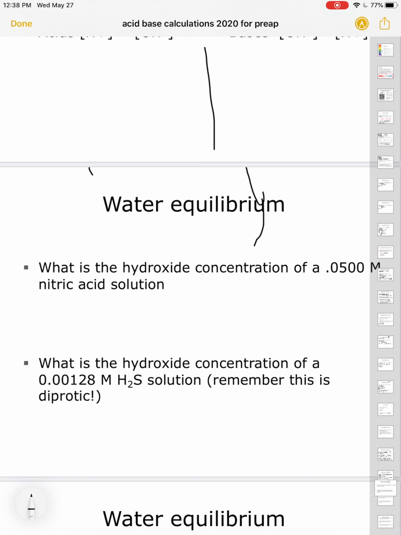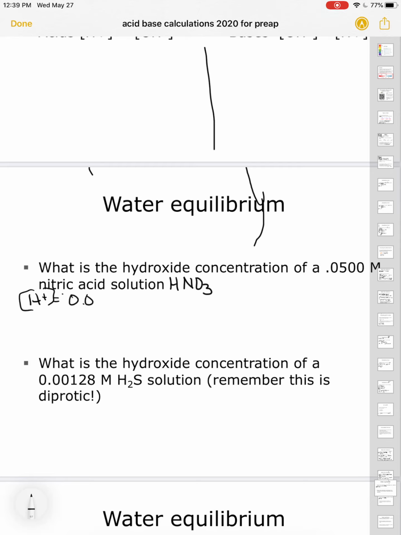Okay, so let's say we want to figure out the hydroxide concentration of a 0.05 molar nitric acid solution. Well, I know that my nitric acid is HNO3. I know this in my heart. And I know that my H plus concentration is going to be equal to the concentration of my nitric acid.